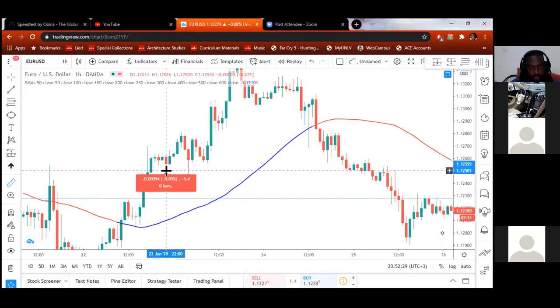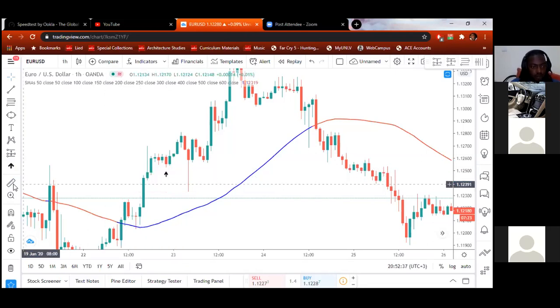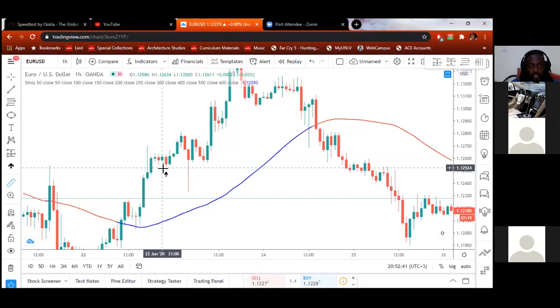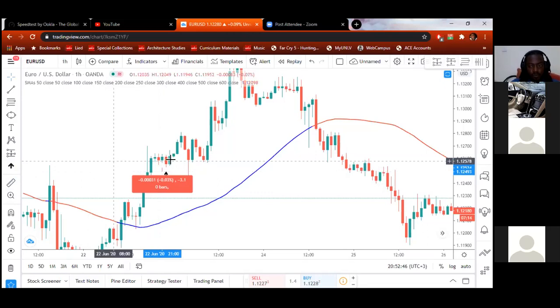Try about there. Somewhere there. I can't even see it, it's very small. It's like 5 pips or what? Yes, it's 5 pips, because 0.10 is $1 per pip.